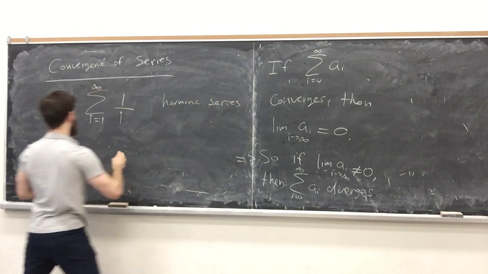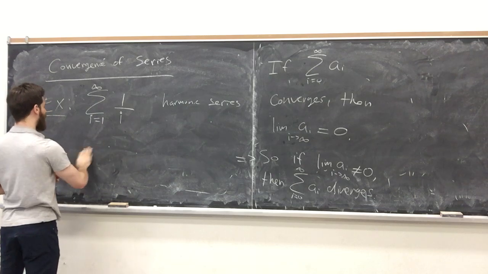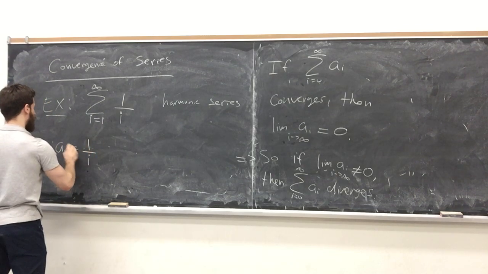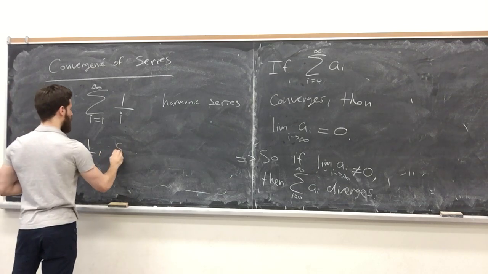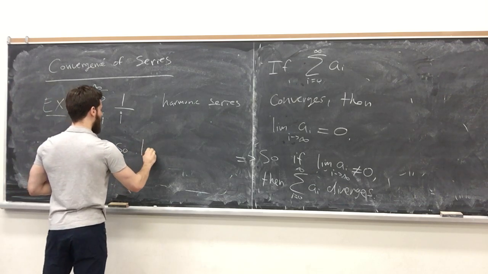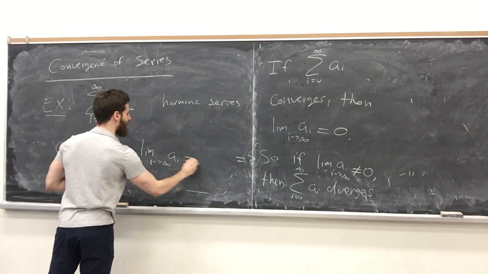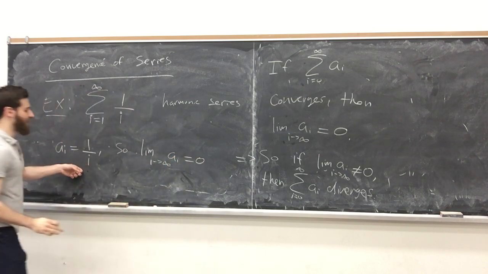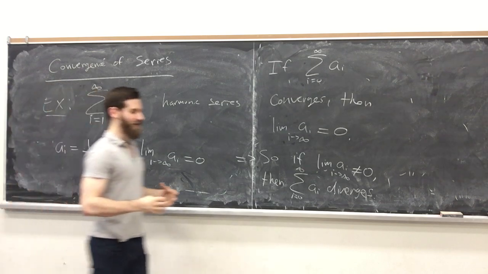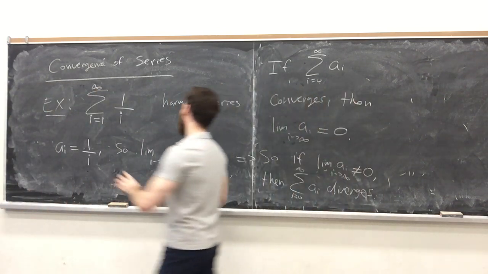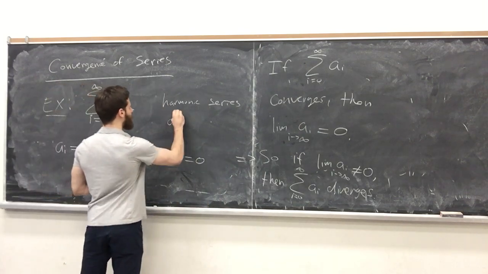And as you can see, the a_i here is equal to 1 over i. So the limit as i goes to infinity of a_i does go to 0. So this limit is 0, right? 1 over i goes to 0 as i goes to infinity. However, the harmonic series diverges.